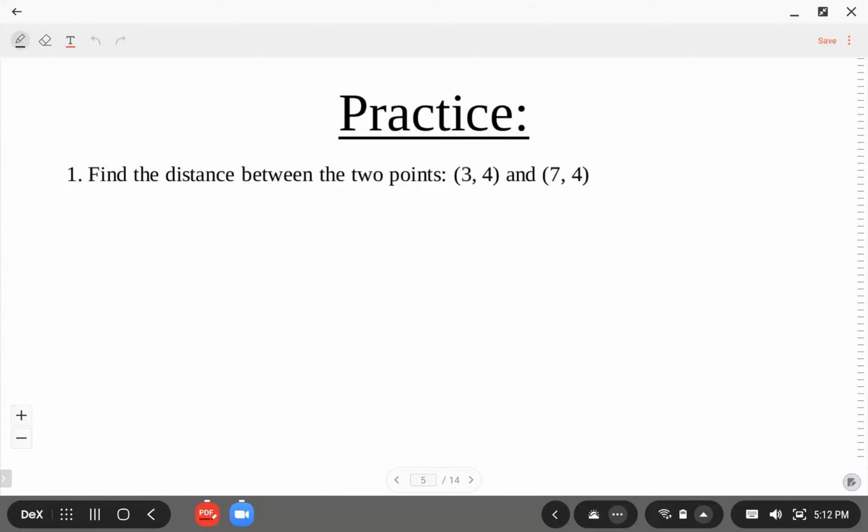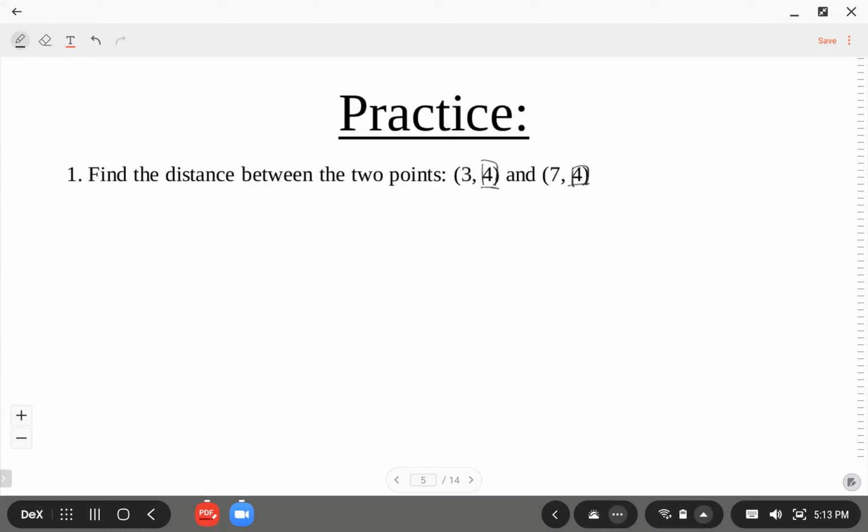So remember, we have the same y coordinates over here. We just don't have to worry about it, and then we just subtract 7 minus 3, right? And we get 4.